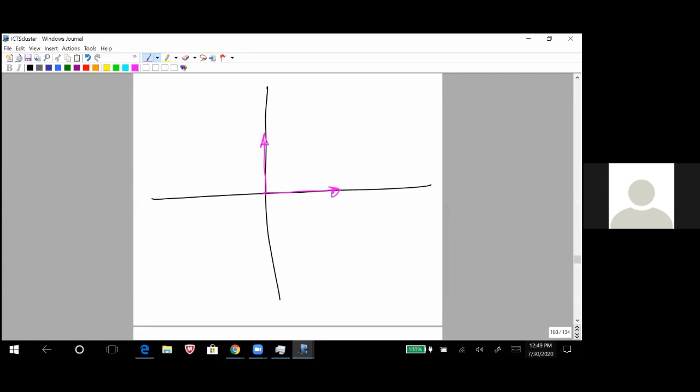I start with A minus 1 and A0, and then when I mutate A minus 1, I'm flipping this purple arrow to the other side to get A1. And then I'm flipping A1 through A0 to get A2, and so on. So when I've decided that I want to stop here, at the last one that I want to keep, what's the problem?